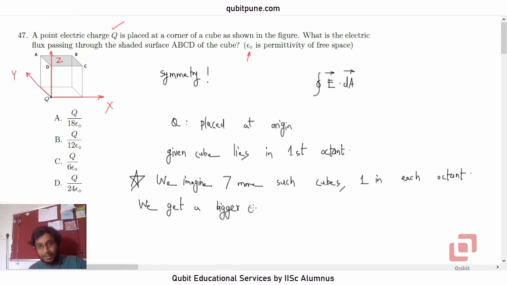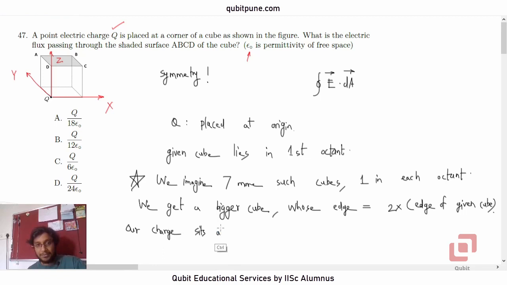So if we imagine 7 more such cubes, one in each octant, we get a bigger cube whose edge will be twice the edge of the given cube. That is secondary, not important. This is the most important part: our charge sits at the center of this bigger cube, and this center of the cube is extremely important.